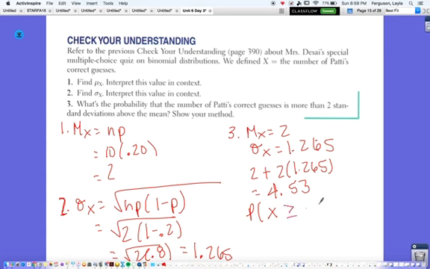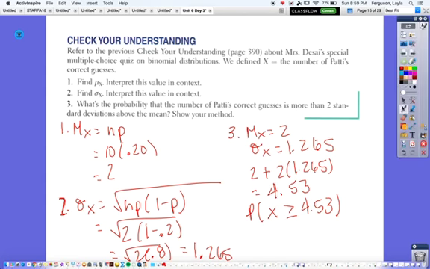So basically what we want to know is the probability that a student gets more than 4.53. Technically, it wouldn't be equal to, it would just be more than 4.53. The way we could do that is to say, what is the probability, 1 minus the whole entire class, X being less than or equal to 4.